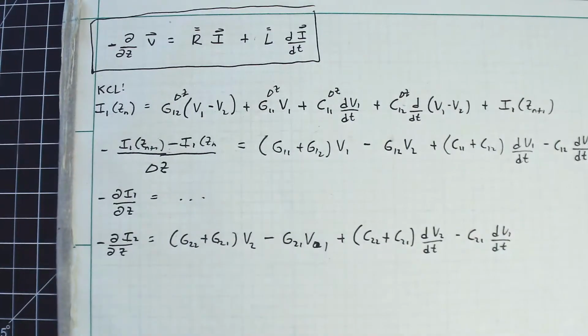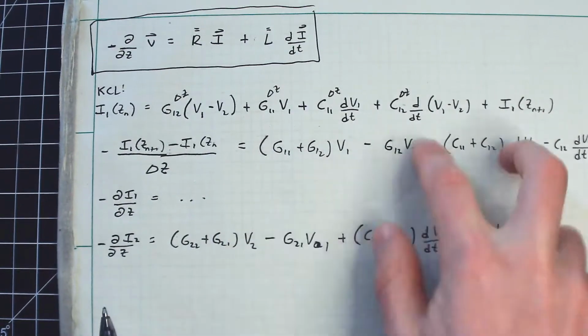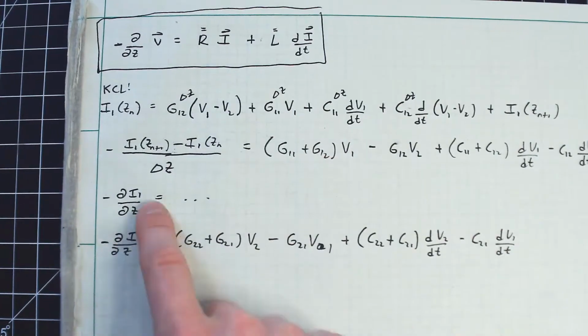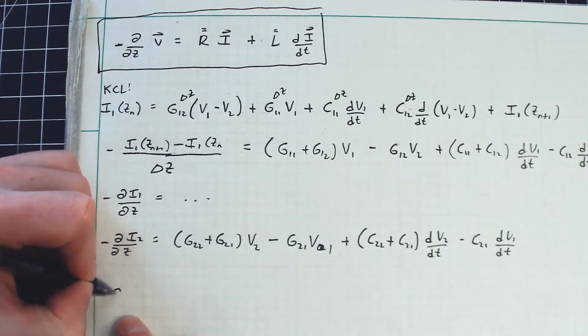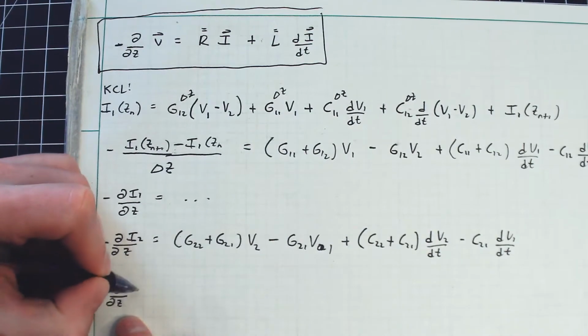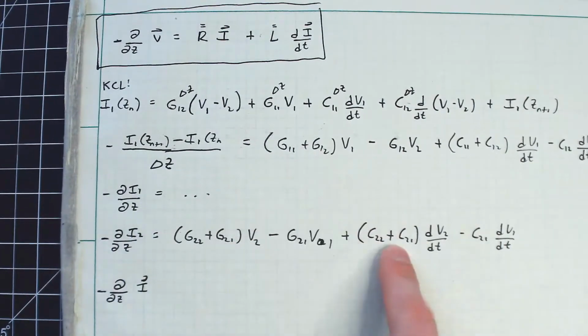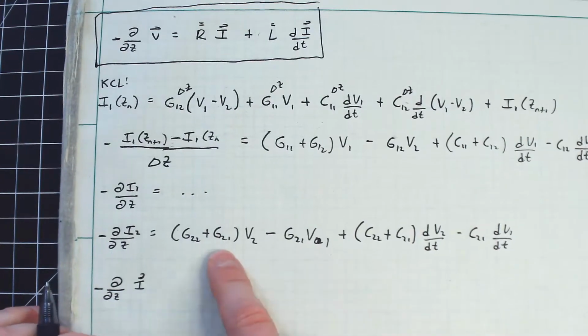All right, so what you then notice is I have some interesting parallels here. It looks a lot like that. So I can rewrite this term here on the left. That's negative partial with respect to z of my I vector, right? Because this is a system of equations, so we're just going to use a matrix vector notation to write it out.